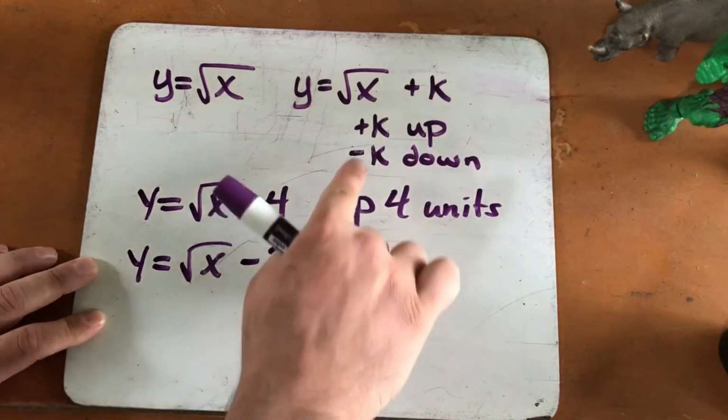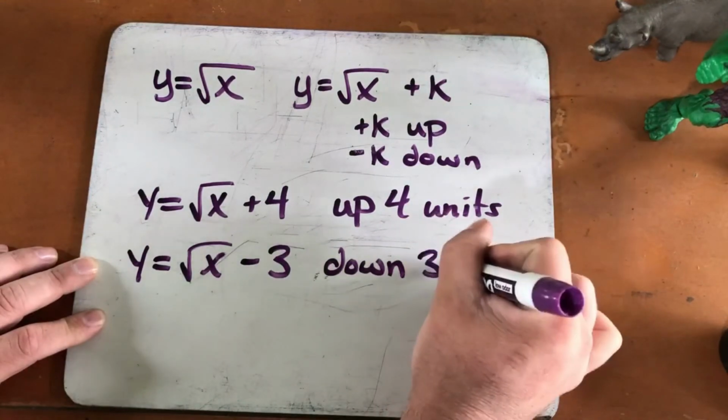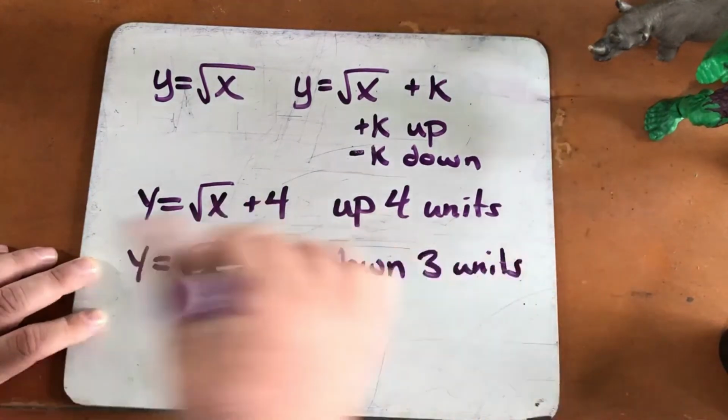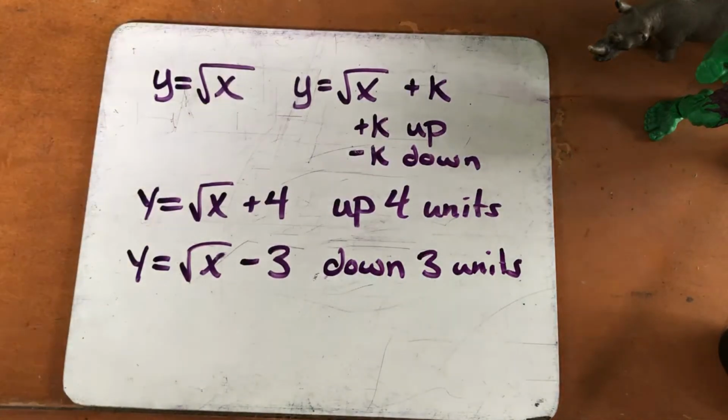So this is minus k. Minus k means down, so this would be down 3 units. My shift is down 3. So h underneath the radical goes the opposite of what its sign would indicate, and k on the outside of the radical goes the actual direction in which it appears.